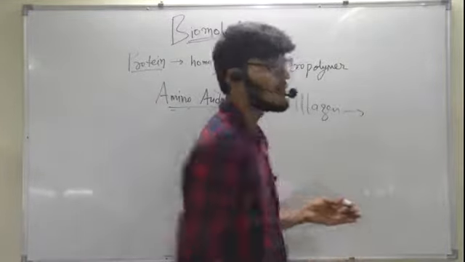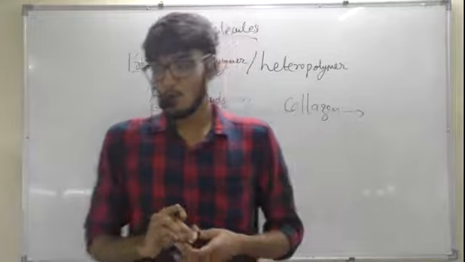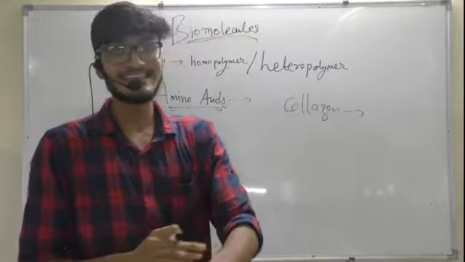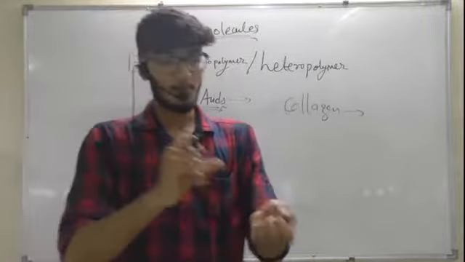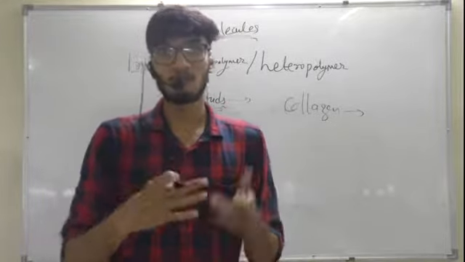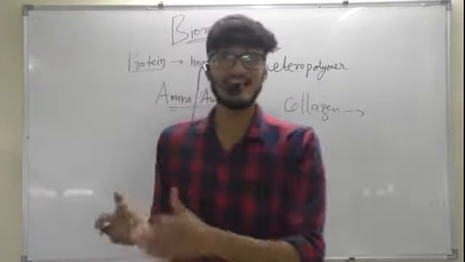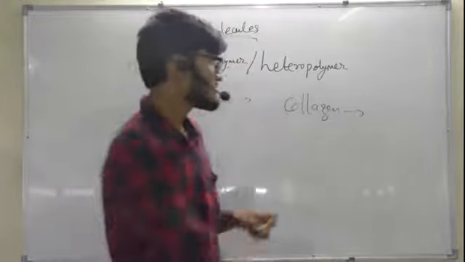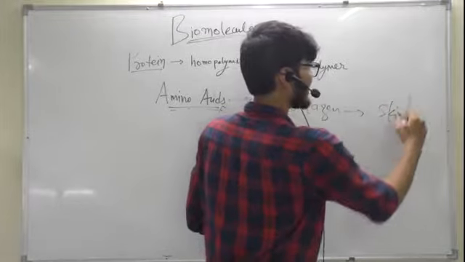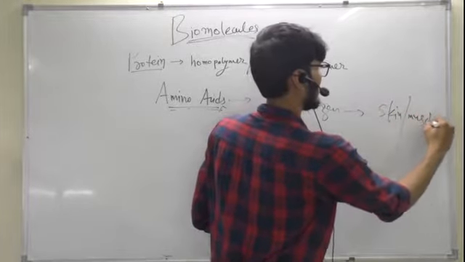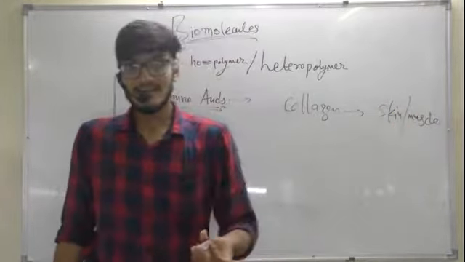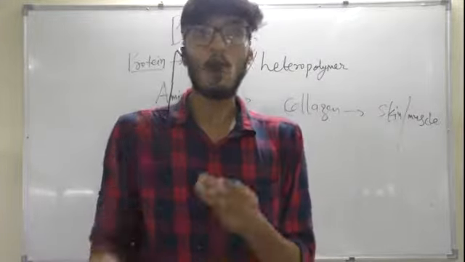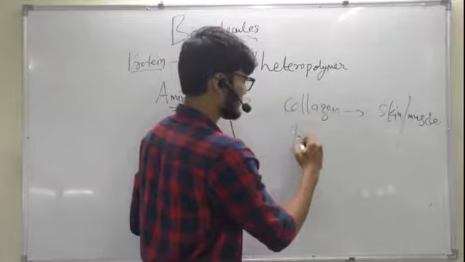It is a component of the extracellular matrix, which makes up your skin. Most of the meat that you eat from different animals is mostly collagen. So it is present in your skin and in your muscle. The next kind of protein that we commonly observe is trypsin.